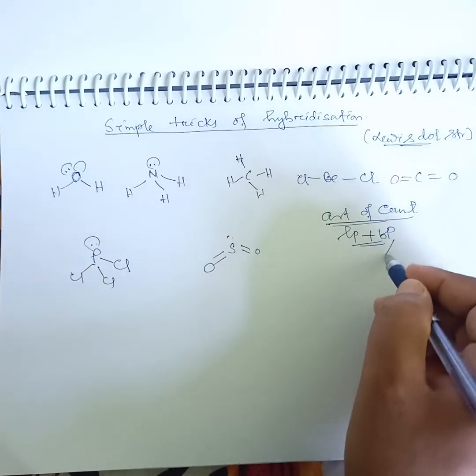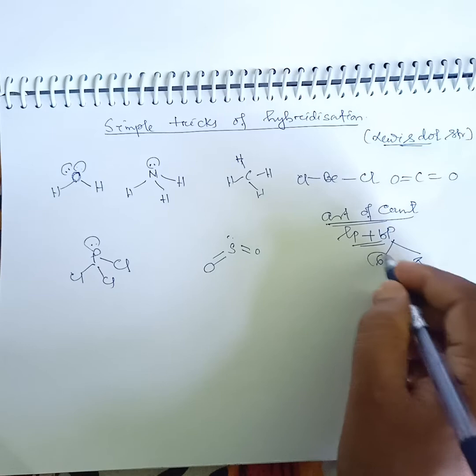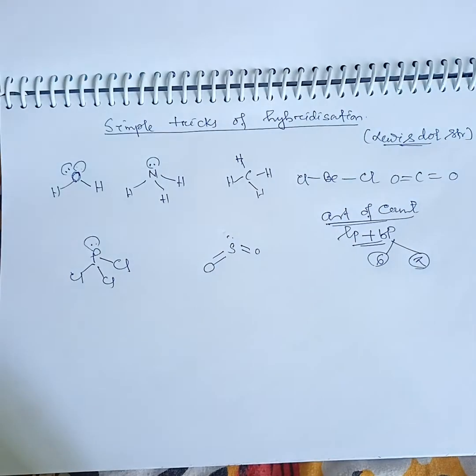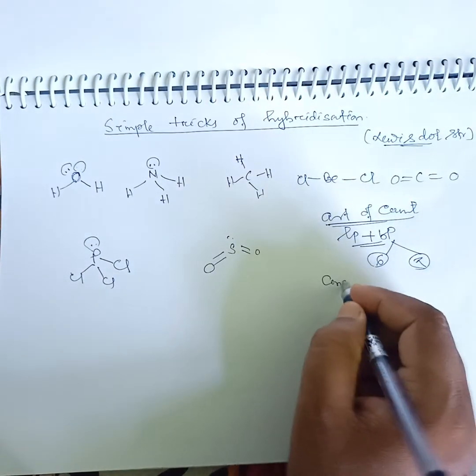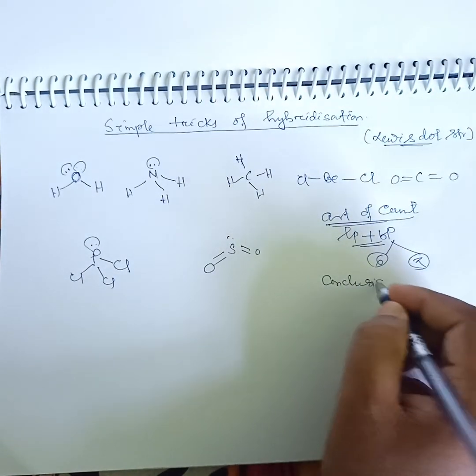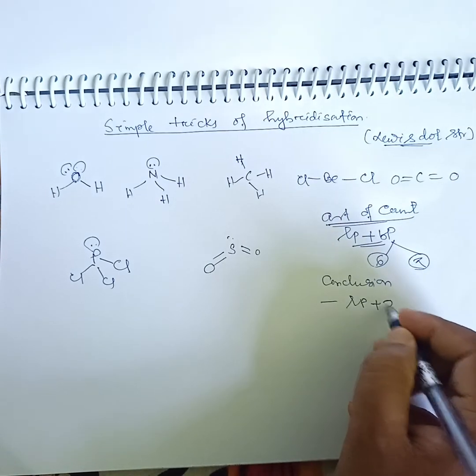Among the bonds, there are two kinds: sigma bond and pi bond. Whenever we count the bond pairs, we will always count the sigma bond, not the pi bond. The conclusion is that we always count the lone pairs and sigma bonds.